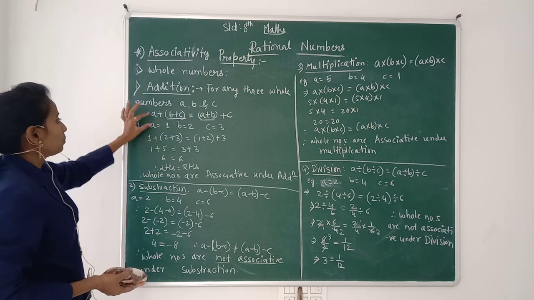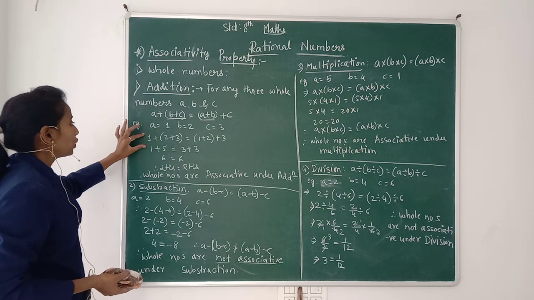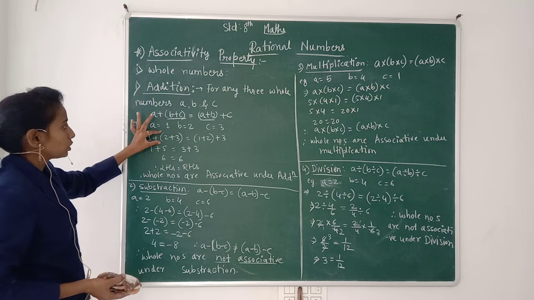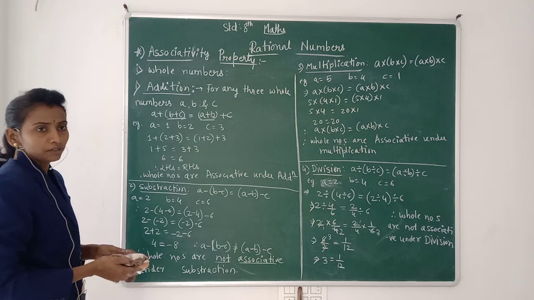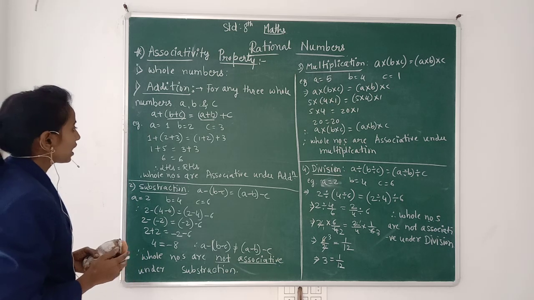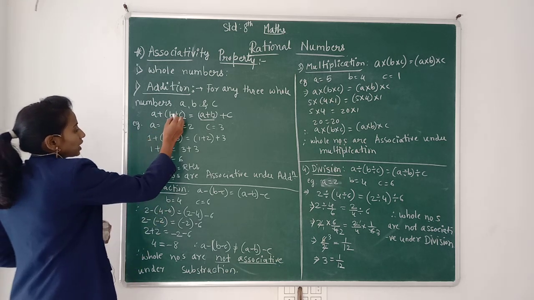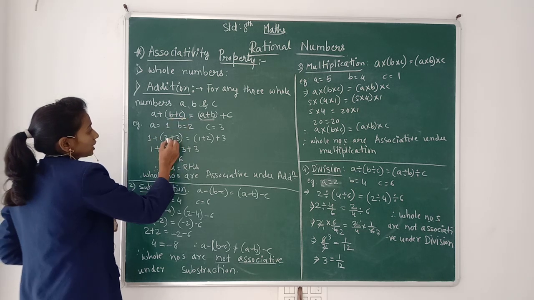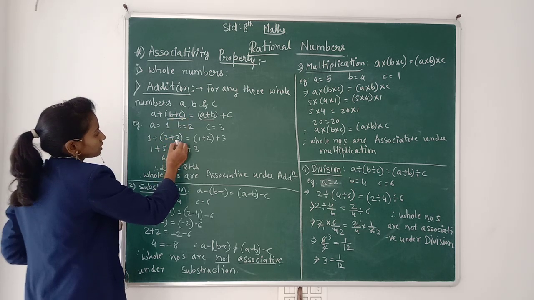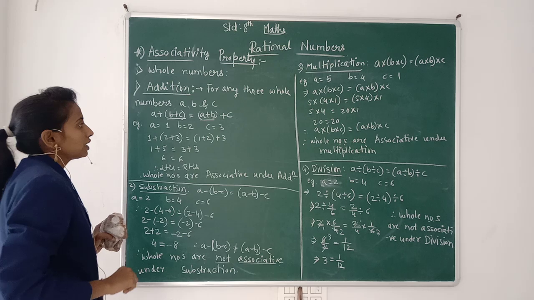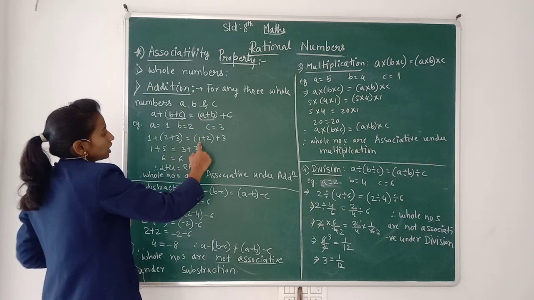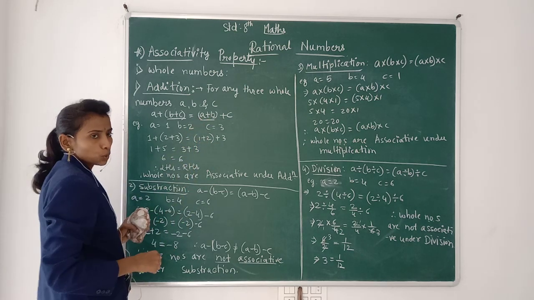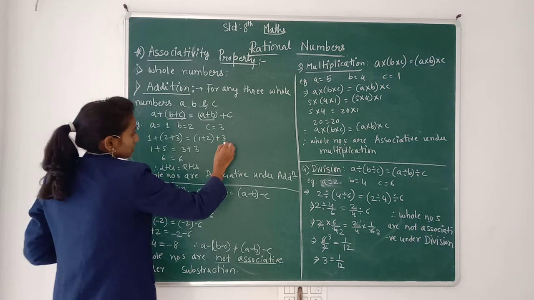So 1 plus, in place of A you put 1, in place of B 2 and in place of C 3. Check for LHS and RHS. So 1 plus in the bracket B plus C, which means 2 plus 3, is equal to in the bracket A plus B, which means 1 plus 2, plus C, which is 3.